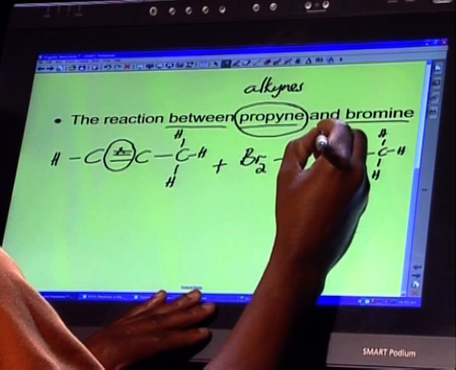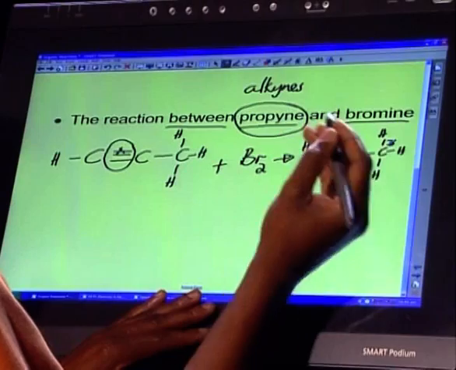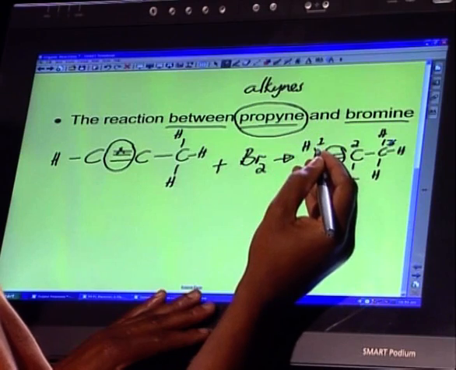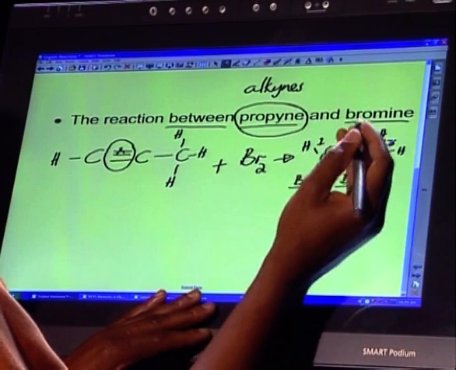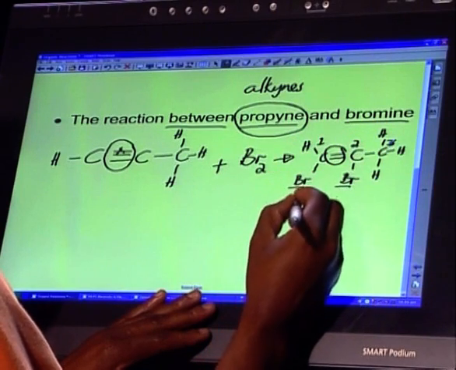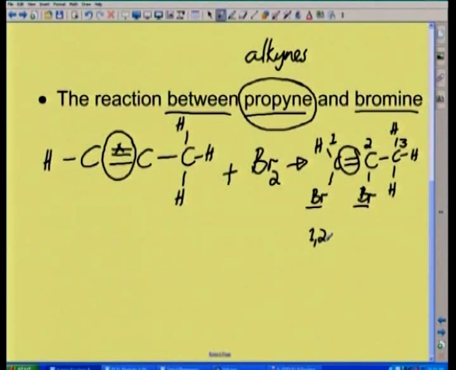From the side where the radical is, we start counting or numbering our carbon atoms. This is 1, 2, 3. I can't start from right to left because the bromine, the halide part, is closest when I start from the left. So I would say this is 1, 2, dibromo what?